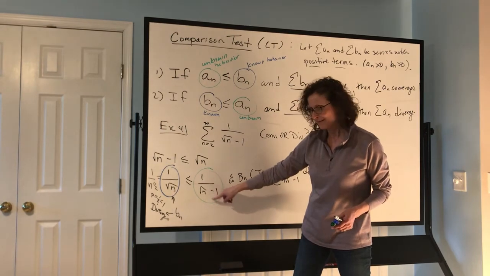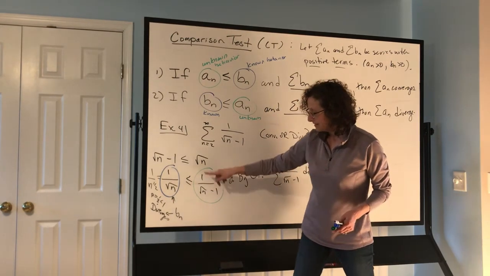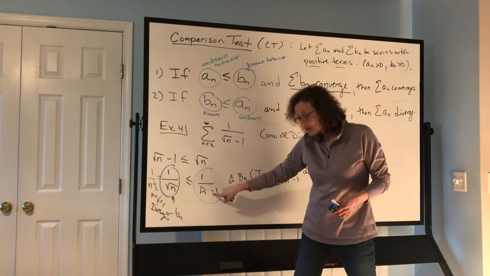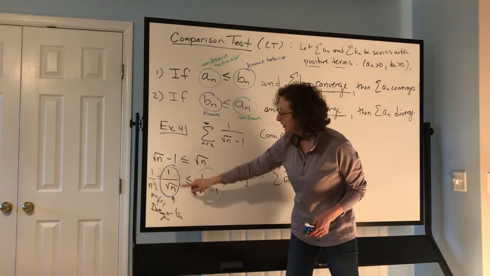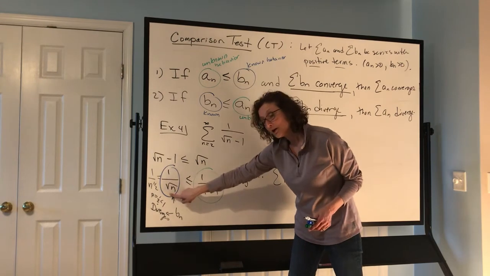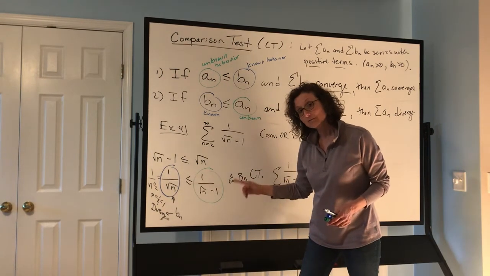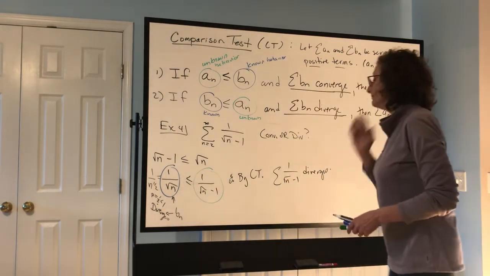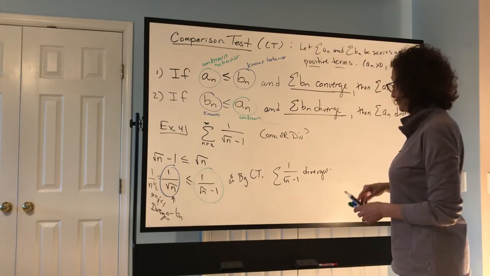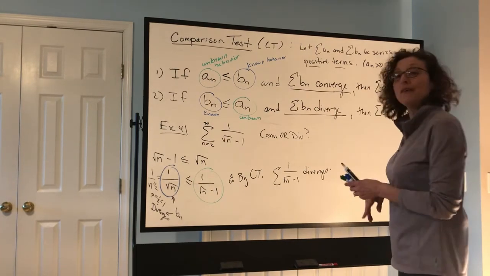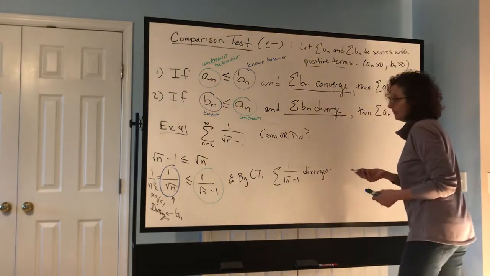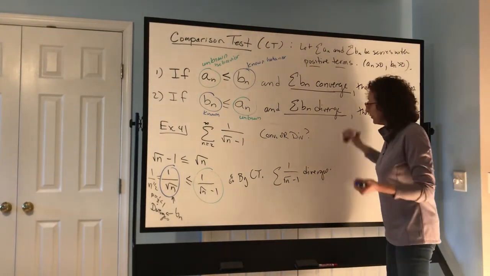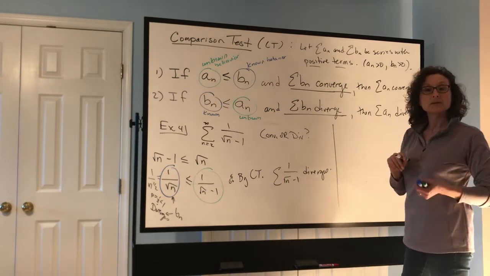Does that make sense? Did I just say that right? Okay. Same numerator, smaller denominator is a bigger fraction, or same numerator, bigger denominator is a smaller fraction, right? Okay. That's also a reasonable justification. And that one was pretty fast, right? Okay. So, that might be a preferred method over setting up a limit comparison test.